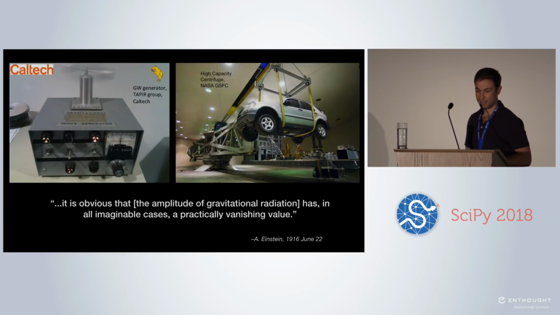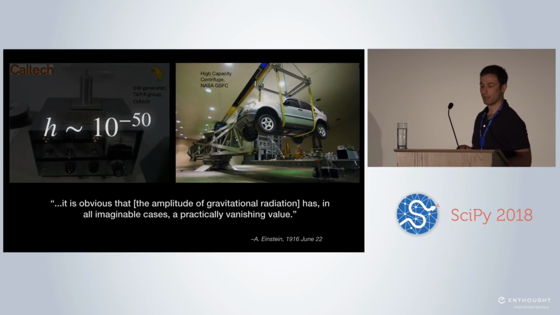It has this pair of weights that are spinning on a little pedestal. If you calculate the amount of strain that this produces, it's something like 10 to the minus 50. So a fractional change in length of a part in 10 to the 50.